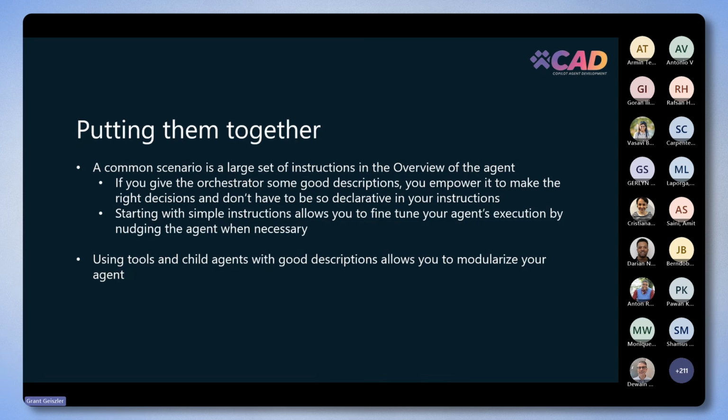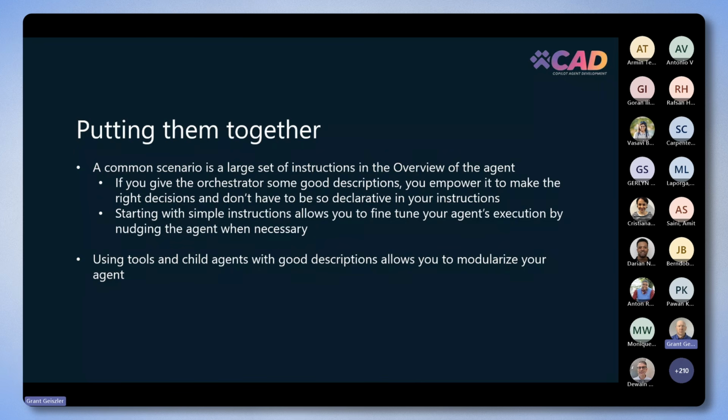There'll be pages and pages of instructions on doing certain things, and we want to demo and talk through how, if we give the orchestrator some good descriptions and you empower it to make the right decisions, you don't have to be so declarative in your instructions. You can be really smart and intelligent about how you're informing the planner and the orchestrator on how to use the tools and the agents you have, so we don't have to write big, long paragraphs of instructions.